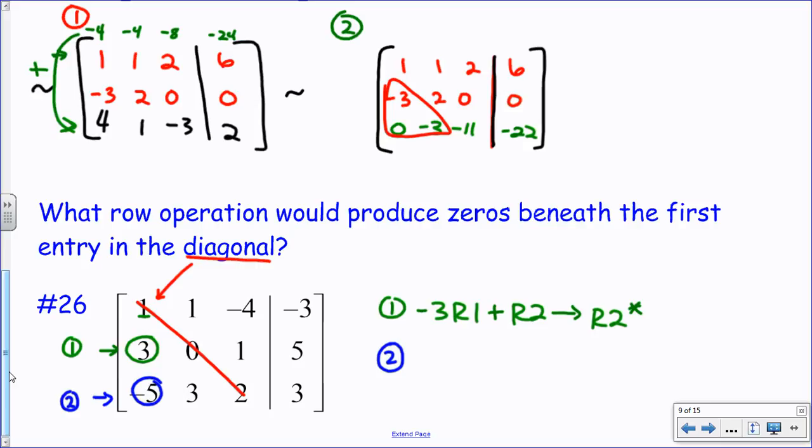I want to multiply row 1 by positive 5, because 5 and negative 5 would give me 0. So 5 times row 1, and I'm adding it now to row 3. And that will become my new row 3.